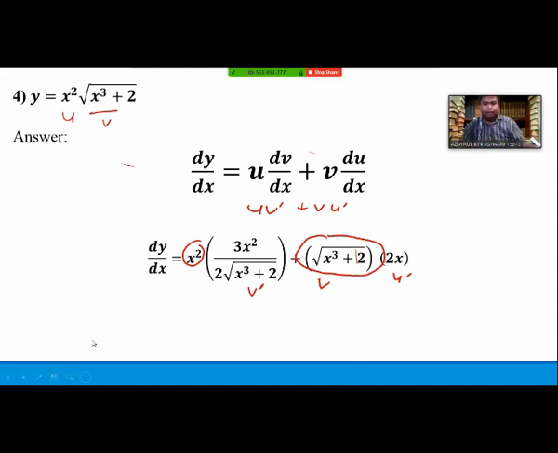And after that, you can just multiply inside of this one, x power of 2, which becomes 3x power of 4, okay, copy again, and this one is 2x multiplied by square root of x power 3 plus 2. So this is the answer at the end. Easy, right?